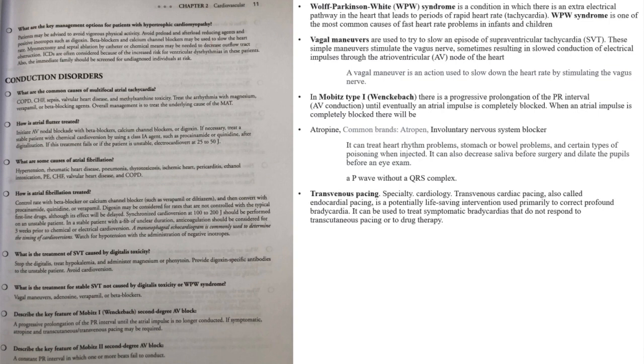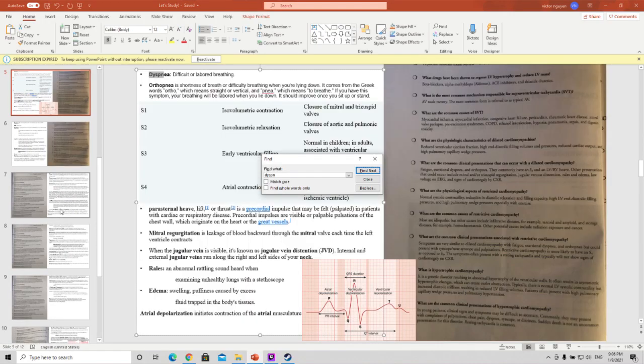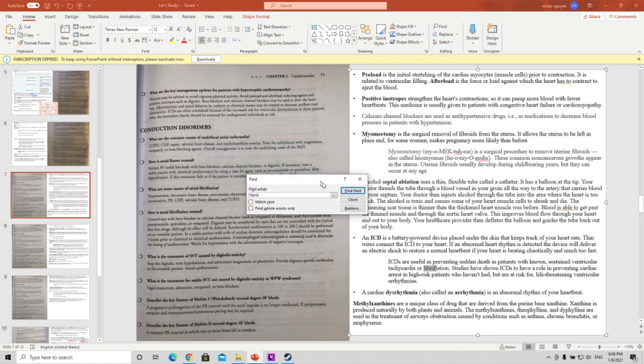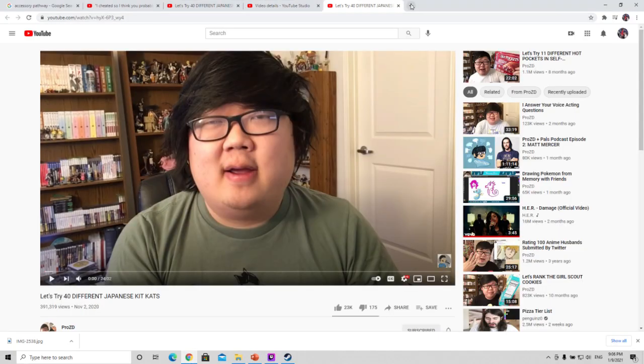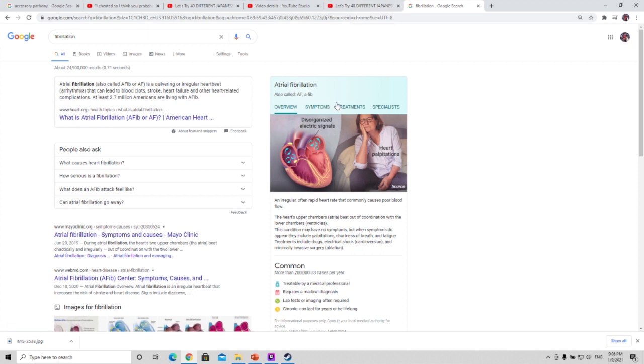What is the treatment for ventricular fibrillation in a patient with a pacemaker? So fibrillation, I forgot that. Okay, so defibrillation, that's stopping fibrillation. I forgot what fibrillation means. Fibrillation is also called AFib.